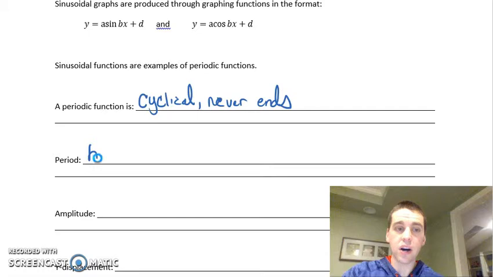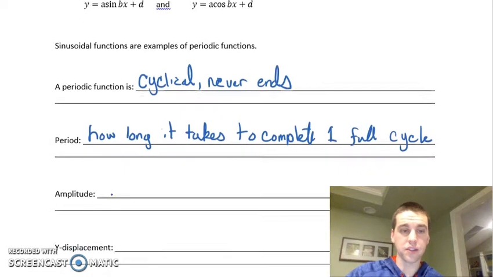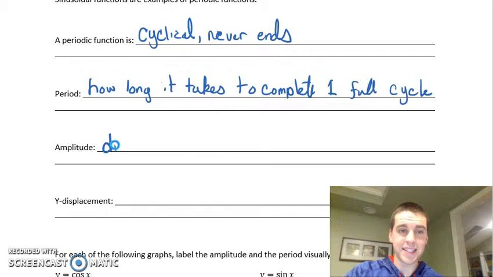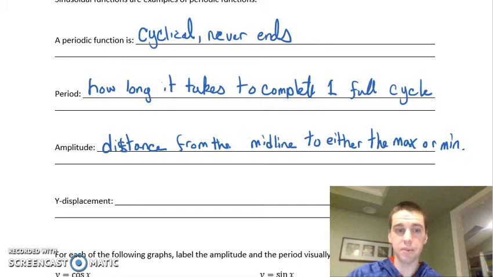Period. Period is how long it takes to complete one full cycle. And we'll talk about that in a little bit. Amplitude is the distance from the midline to either the maximum or minimum.